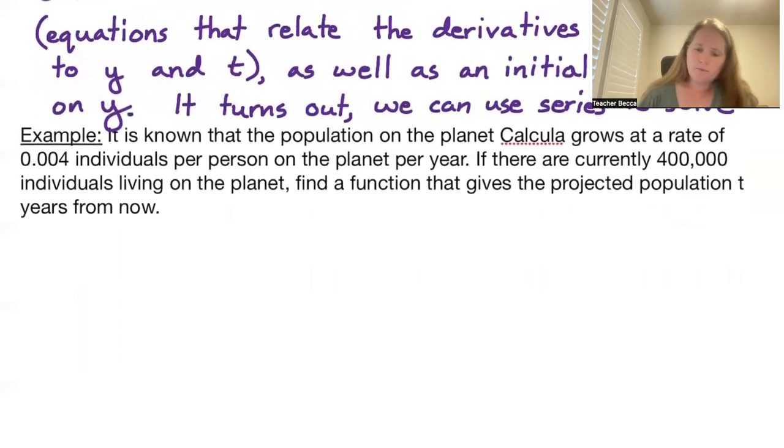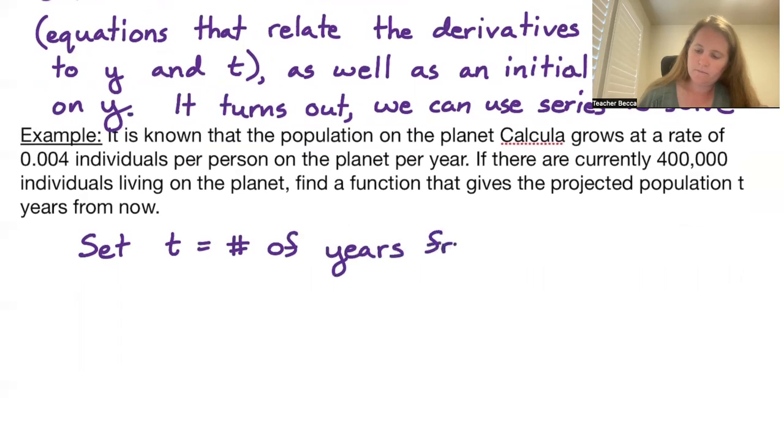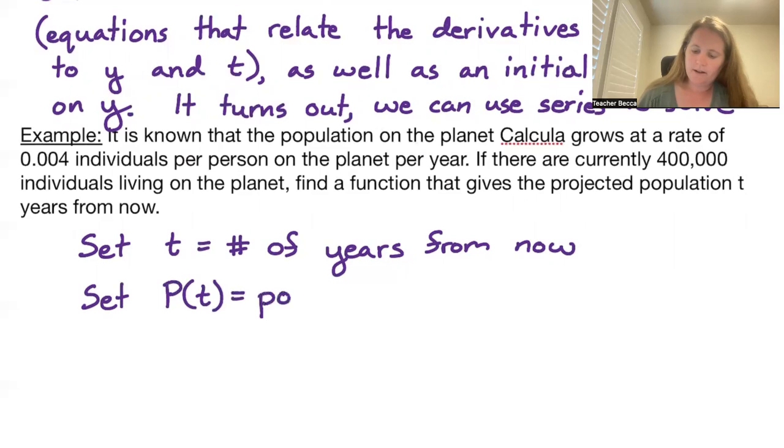So what we can do is set t equal to the number of years from now, and we set P of t equal to the population at time t.